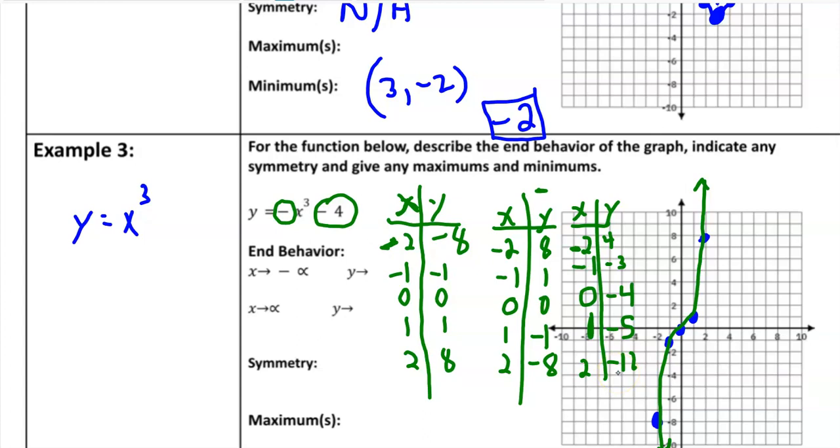Okay, so let's graph this. Negative 2, 4. Negative 1, negative 3. 0, 0.